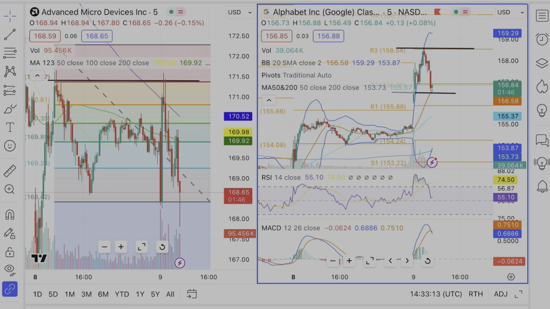So depending on what this candle is doing right now, it might use that pivot point as resistance and then push below that, or as you can see, it's going up.